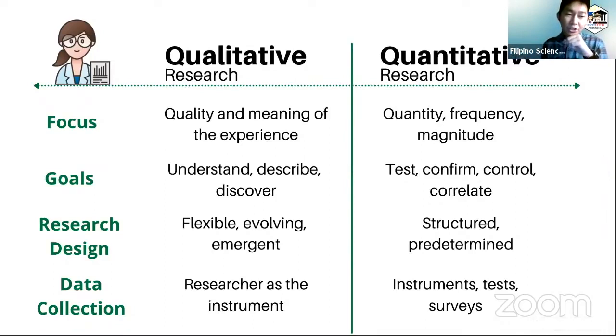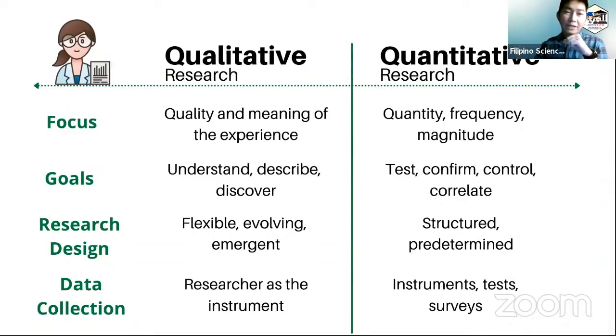And in terms of research design, qualitative research is flexible, evolving, and emergent. Because when you're doing one-to-one interviews or ethnographic studies, there are questions that arise from those interviews that you can explore on the spot.